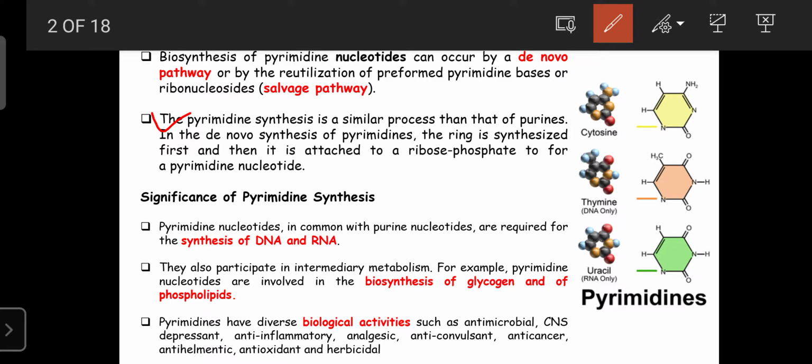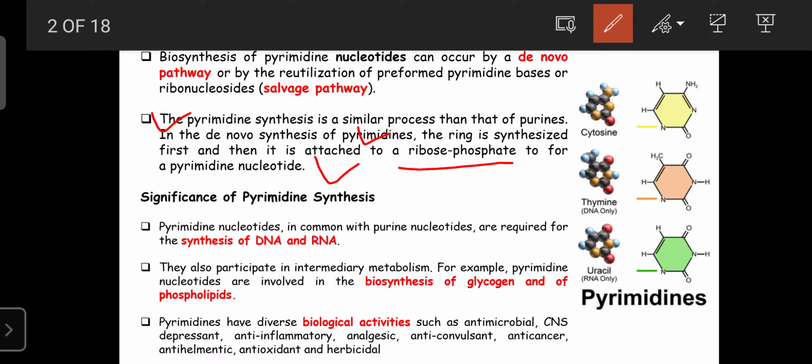So here also, like the purines, in the de novo synthesis of the pyrimidine bases, first the pyrimidine nucleus is synthesized. After synthesis of the basic molecule for the pyrimidines, later on they are attached to the ribose phosphate.